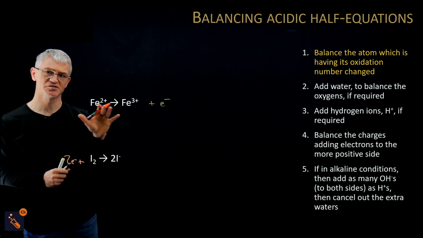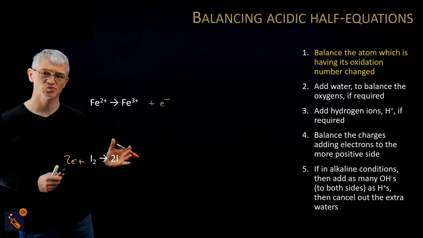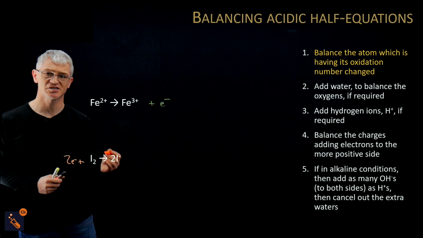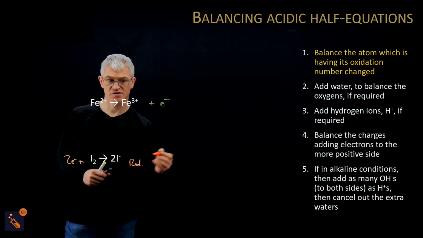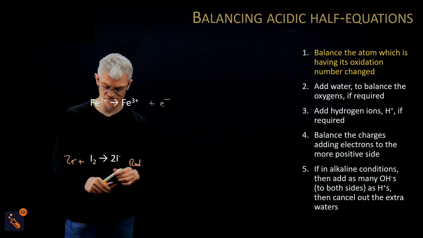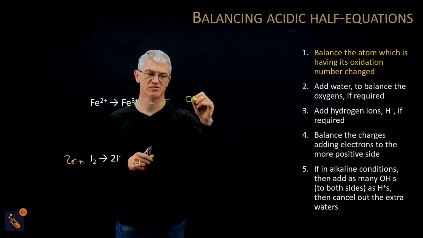That basically means that's balanced, and that's balanced. They're the most simple ones. You're gaining electrons in this one, so this is going to be our reduction. And you're losing electrons in the other one, so this one is going to be our oxidation.